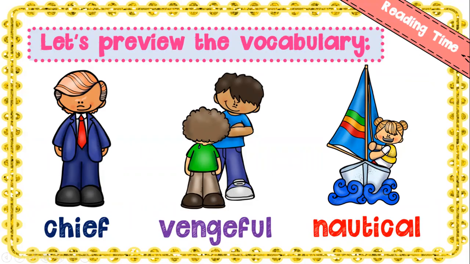The word vengeful is an adjective to describe someone who wants to punish or harm someone else. After losing the championship match, the boy became vengeful. He was wanting to seek revenge. And nautical, again, this means describing things of the sea, such as sailors or ships. Her mother decided to decorate her house with a nautical theme.